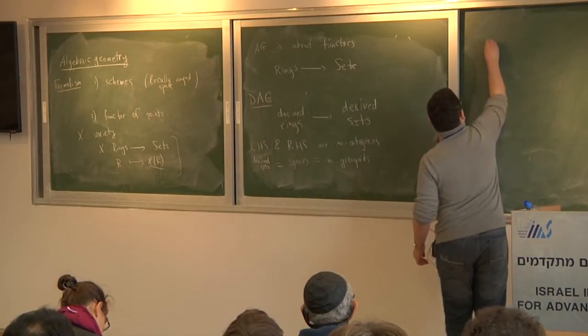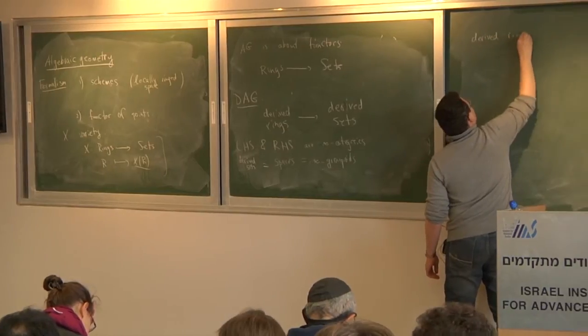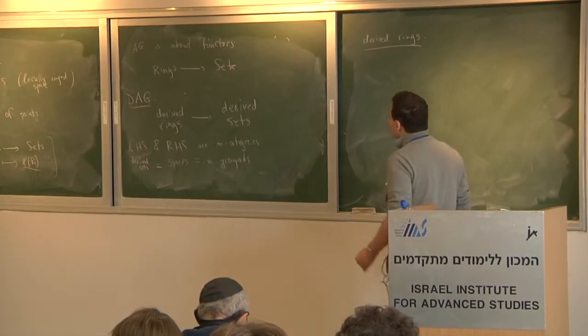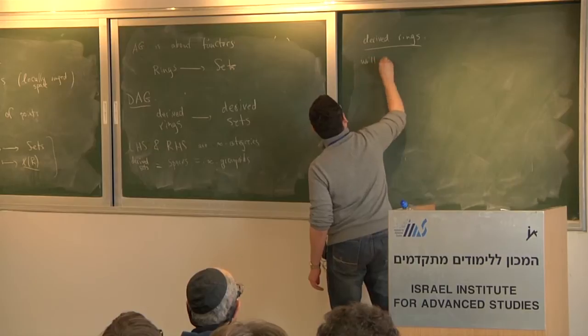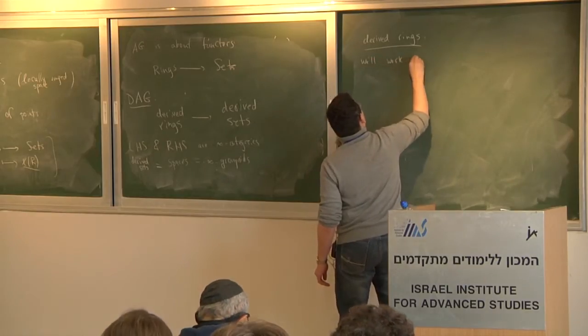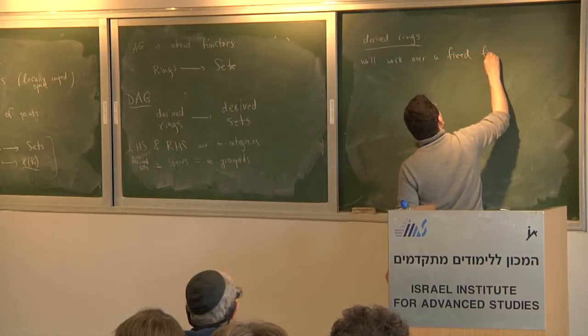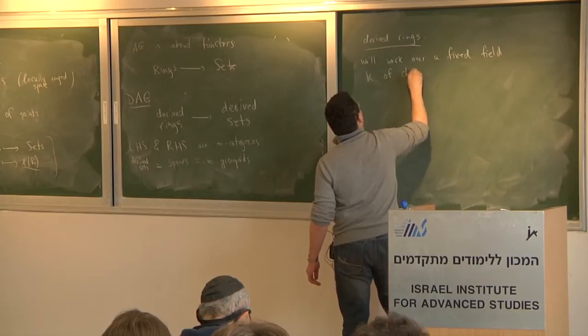And now derived rings. So there are different versions. Luckily, we're working over characteristic 0. So first of all, we'll work over a fixed field of characteristic 0.